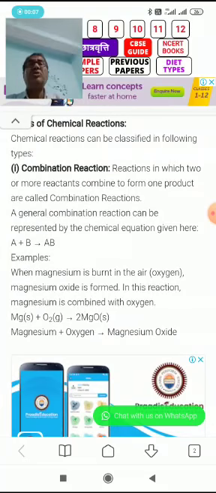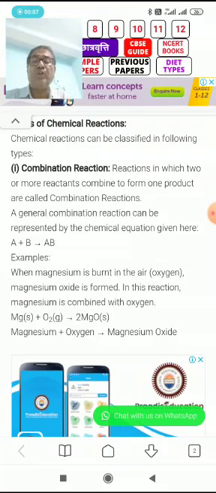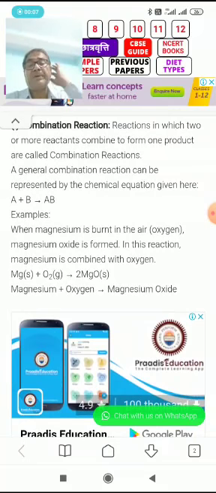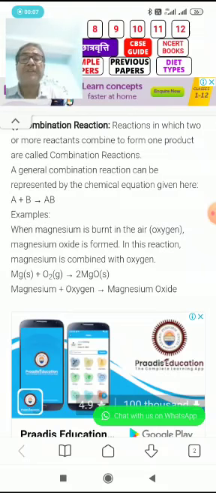Example is C plus O2 gives CO2, two substances combined to form a single substance. Similarly, Mg plus O2 gives MgO. Here magnesium combined with oxygen to form magnesium oxide. Two substances combined to form a single substance.